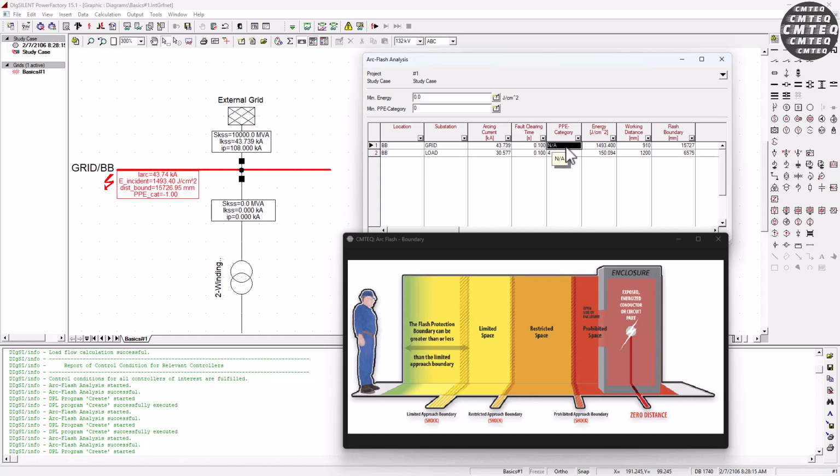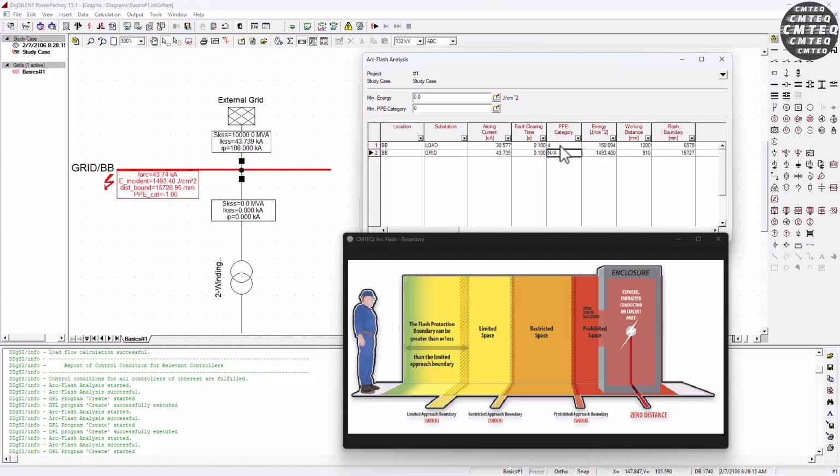Now, why is this the case? In terms of DIgSILENT PowerFactory, this basically means that the incident energy at the defined working distance is actually below 1.2 calories per centimeter square, which is the standard for category 1. So if we are below that, then we're going to be below category 1.